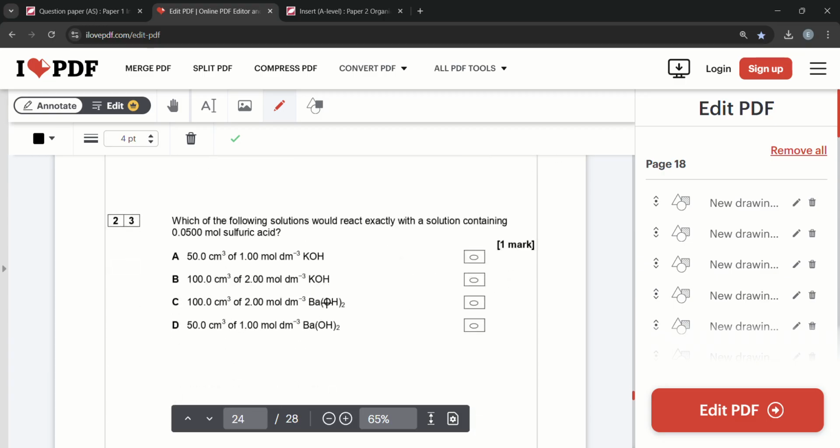Which of the following solutions would react exactly with a solution containing this much of sulfuric acid? Moles, concentration, and volume.